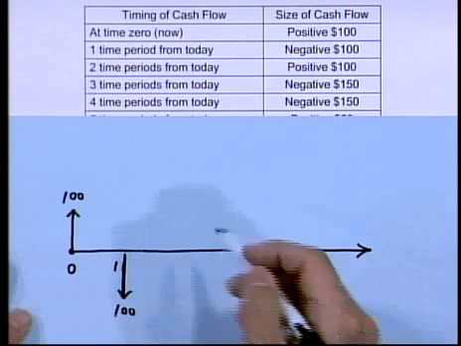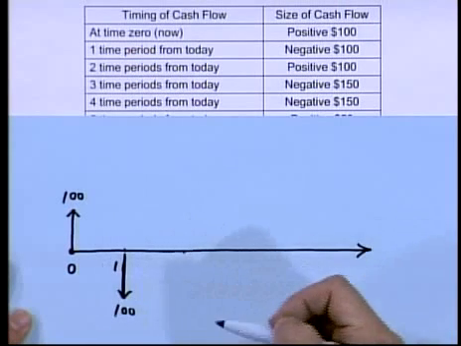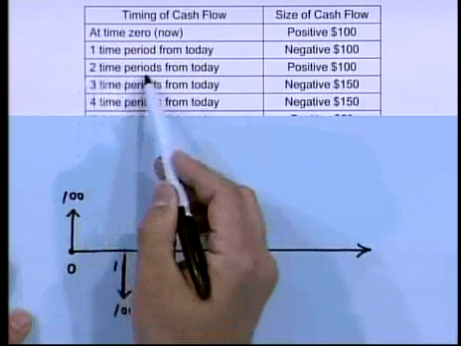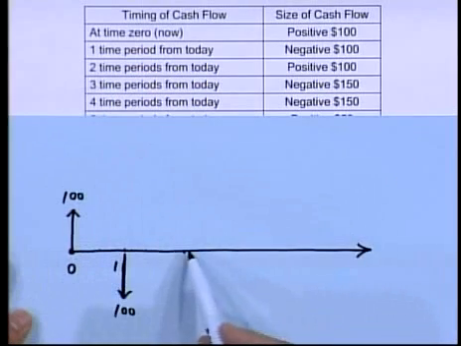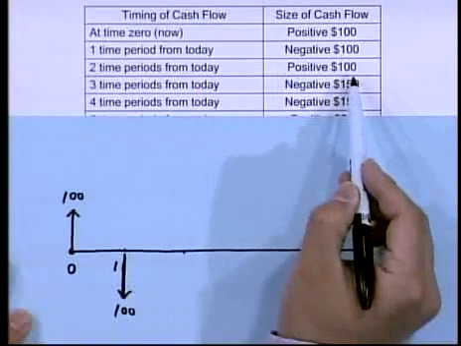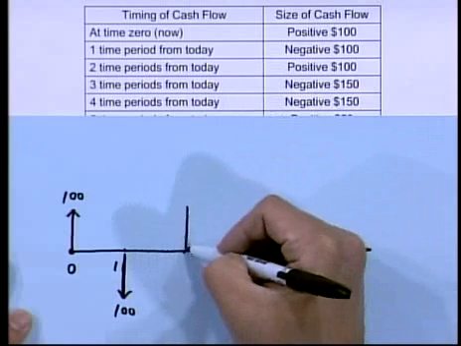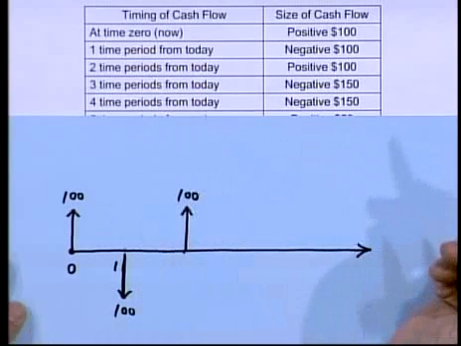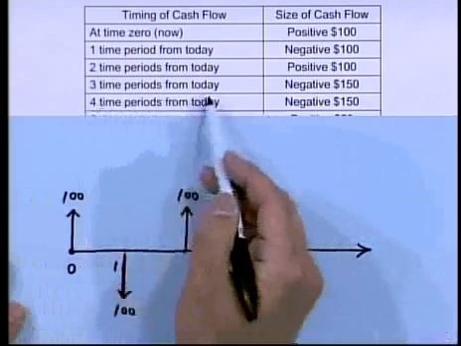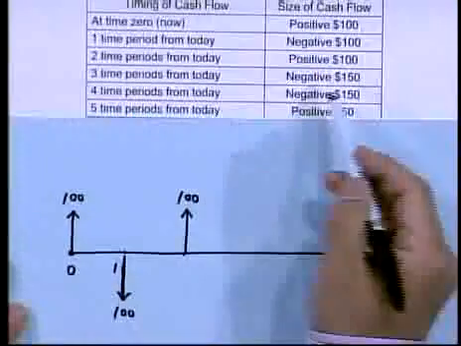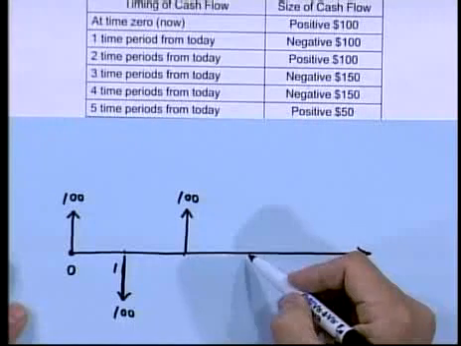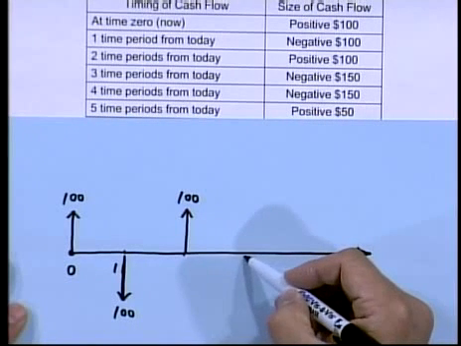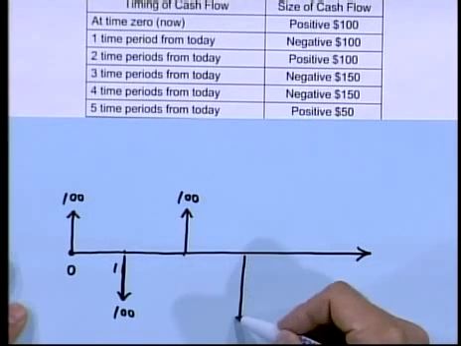Okay? And what about 2 time periods from today? At 2 time periods, we have positive 100, so we draw like this. And 3 time periods from now, negative 150, so we will have this.